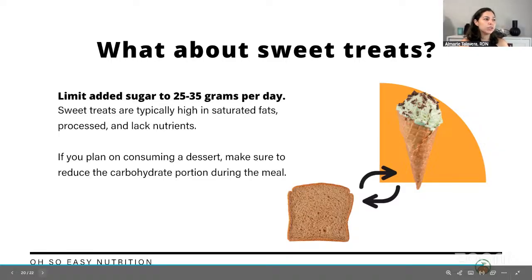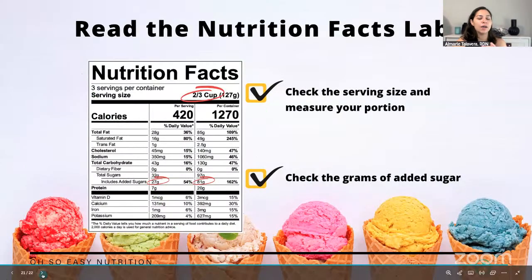So we want to limit that as much as possible because they tend to be super processed, highly ultra processed, and they also tend to be higher in saturated fats. And of course, they're going to cause really, really high spikes in your blood glucose.